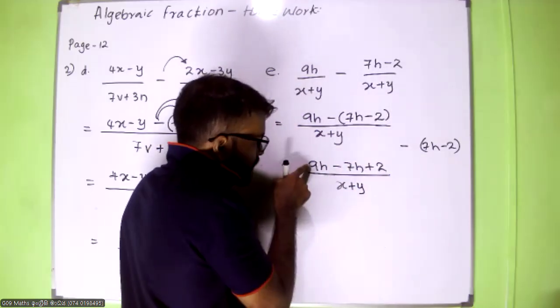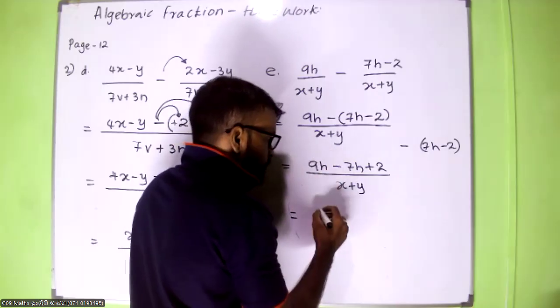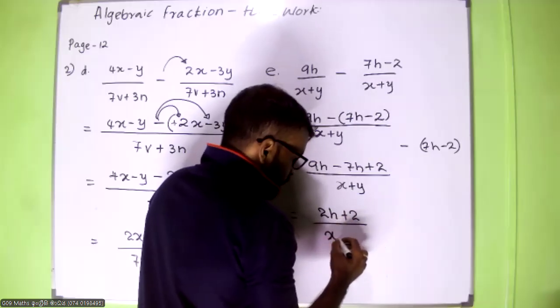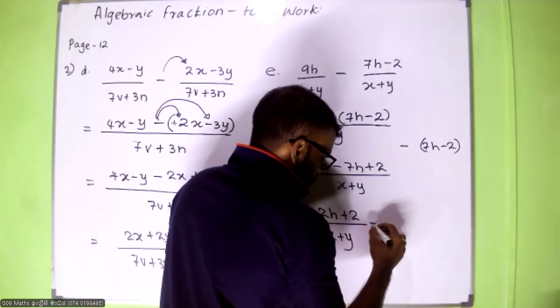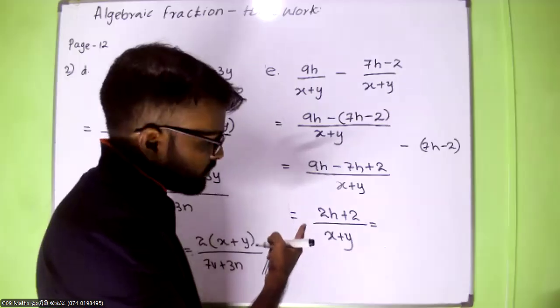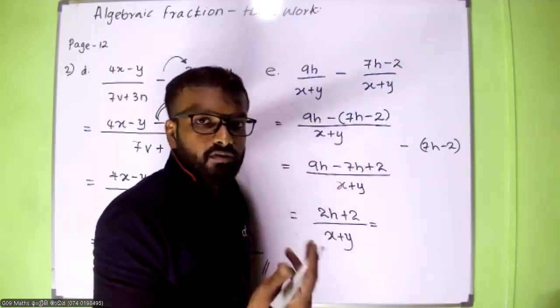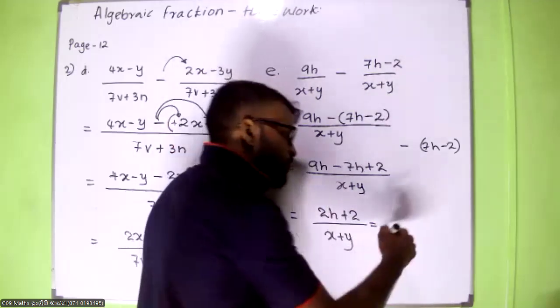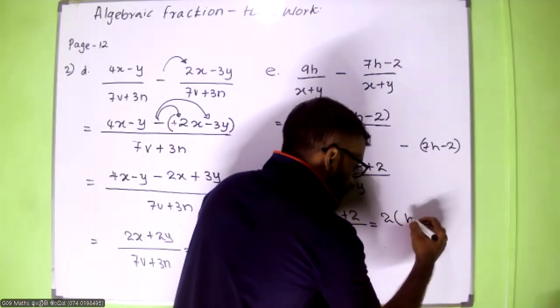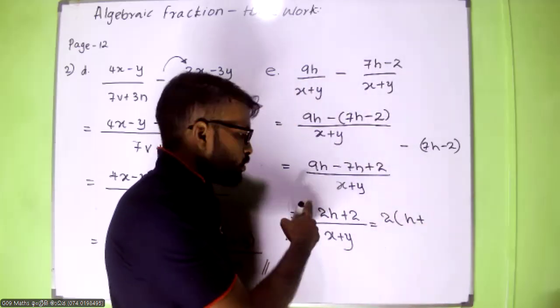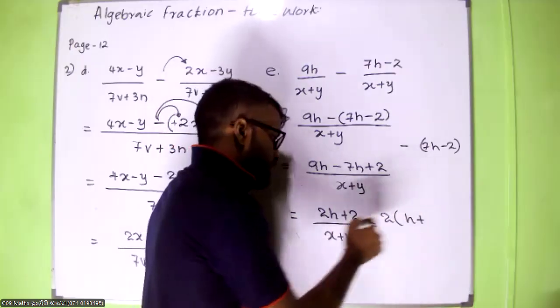So now simplify. 9h minus 7h, 2h plus 2, over x plus y, equals what is this? Again in the numerator here you have 2 and here you have 2. The common factor is 2. So take it out from the bracket. h plus, so this term should be divided by 2. 2h divided by 2 means h.